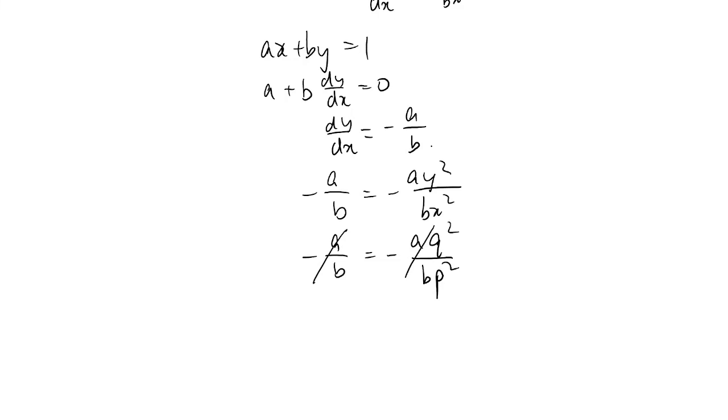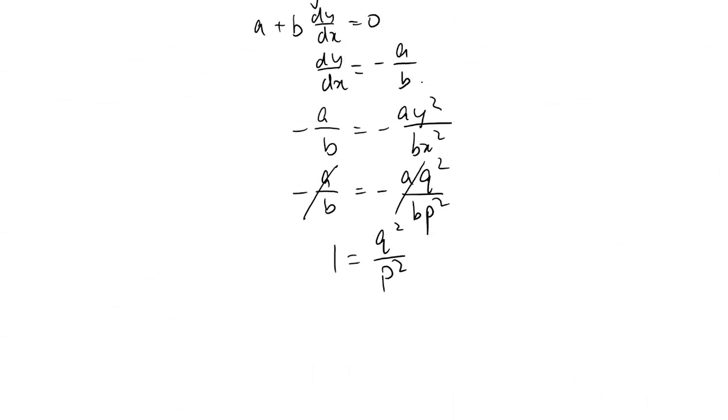Now we could get rid of the a on b. So 1 equals q squared on p squared, such that p squared equals q squared. So the result follows: p equals plus or minus q.